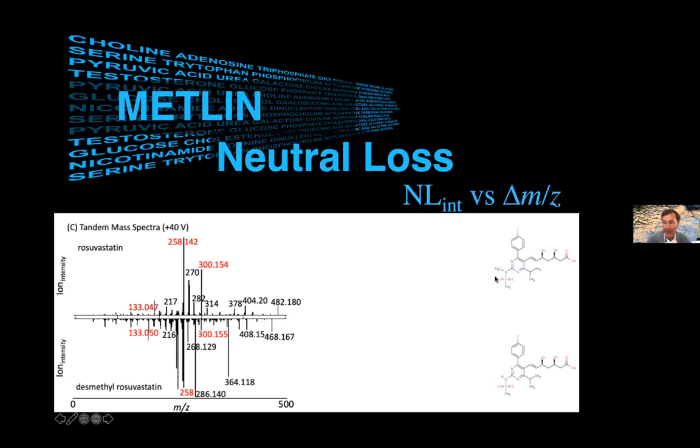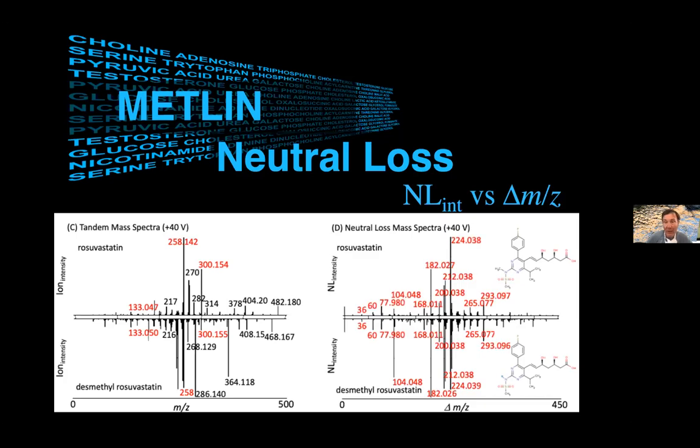The only difference in the structure is right here. However, the MS/MS data does not align in any meaningful way. I think there are only 3 fragments that align between the two of them. However, when you look at the neutral loss data, the alignment is much better.